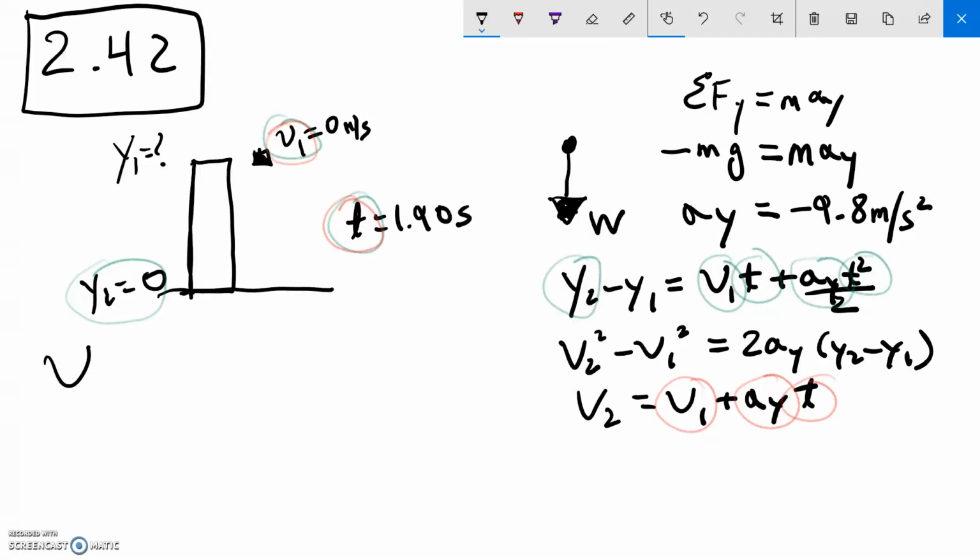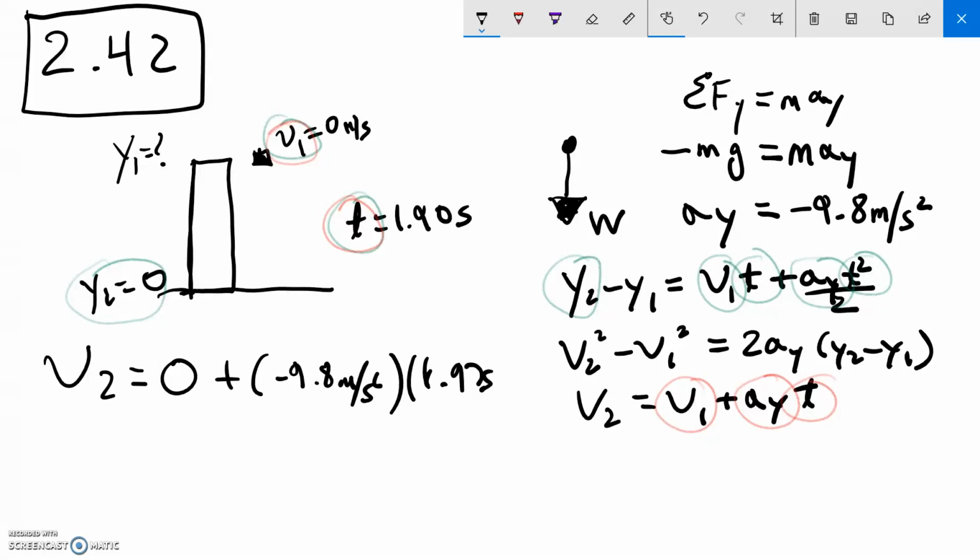So I can solve for v2 and get 0 plus negative 9.8 meters per second squared times 1.9 seconds, and get that v2 is approximately 19 meters per second, and it should be negative.